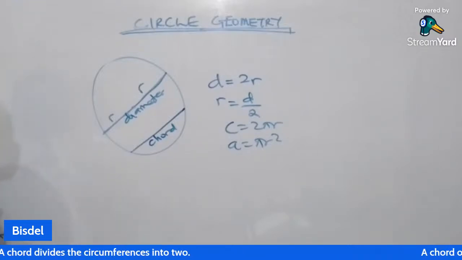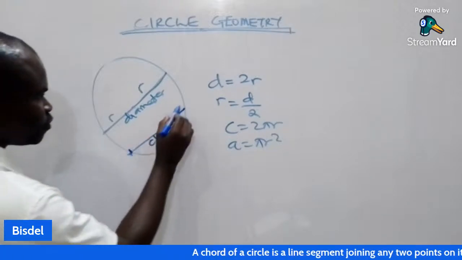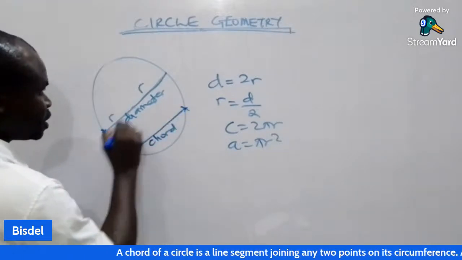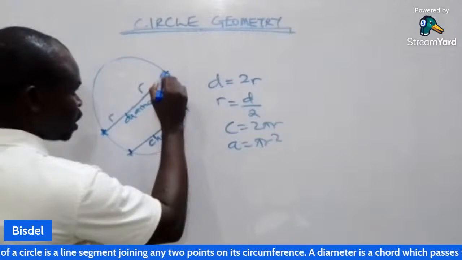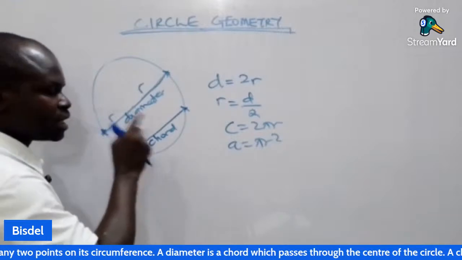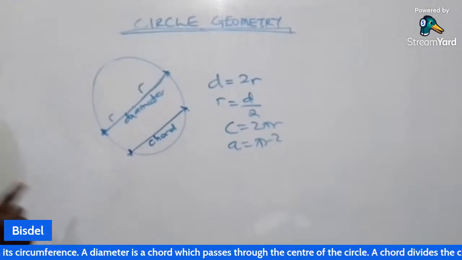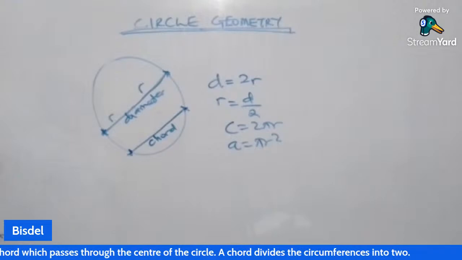Let's note: a chord touches the circumference at 2 points, a diameter also touches the circumference at 2 points, but a chord does not pass through the center, while a diameter passes through the center.